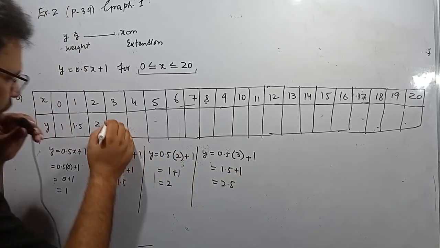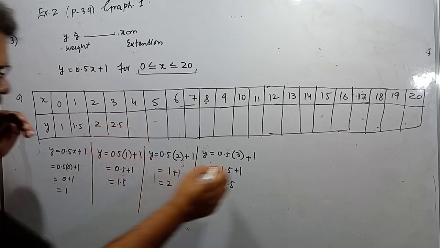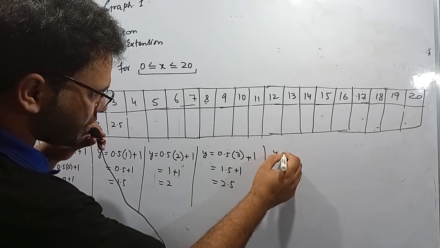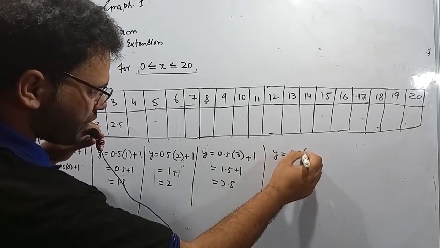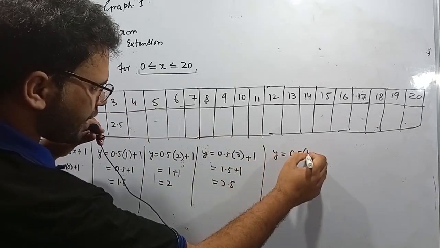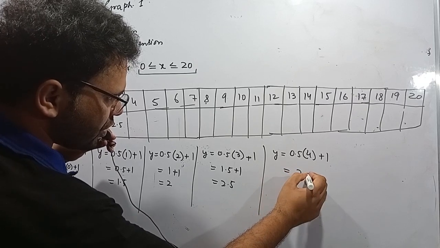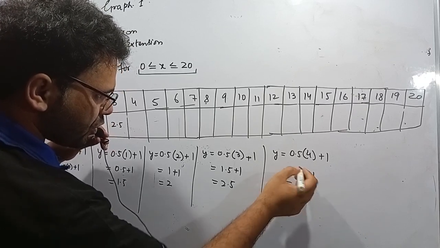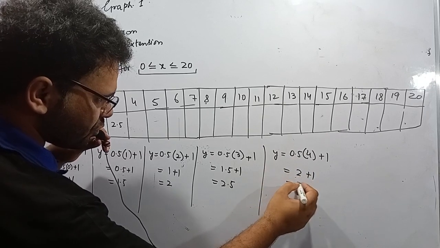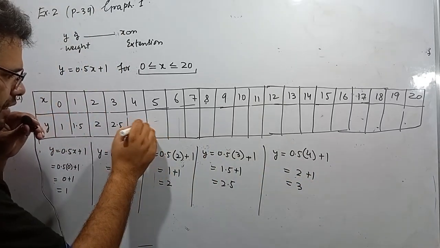That is 2.5. So I will write here 2.5. One more value I will find, y is equal to 0.5, in place of x I will write 4, then plus 1. 0.5 fours are 2, plus 1 it is 3. So I will write here 3.